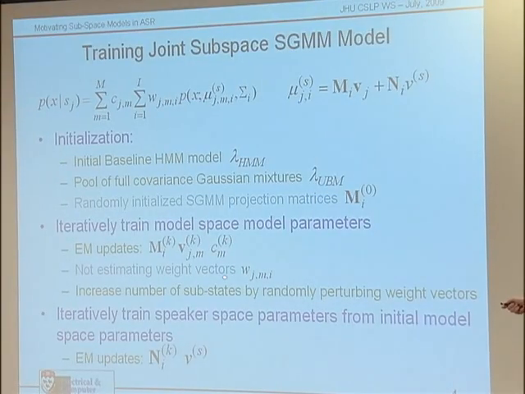That is being done in the system that Petter described, and as in their system, we're increasing the number of substates by randomly perturbing these weight vectors. Then having trained these model parameters, we hold them fixed and train the speaker subspace parameters, and during adaptation, we estimate these speaker vectors.